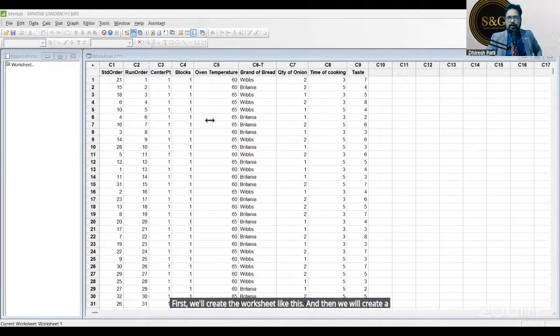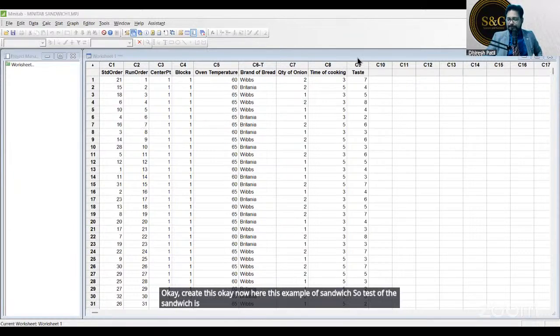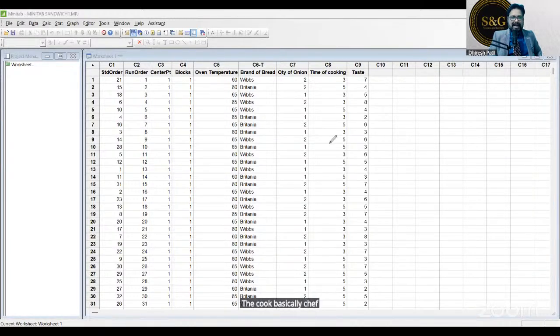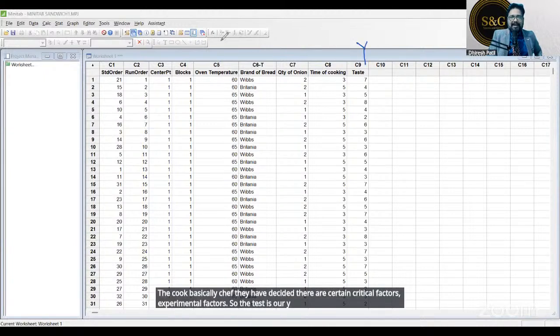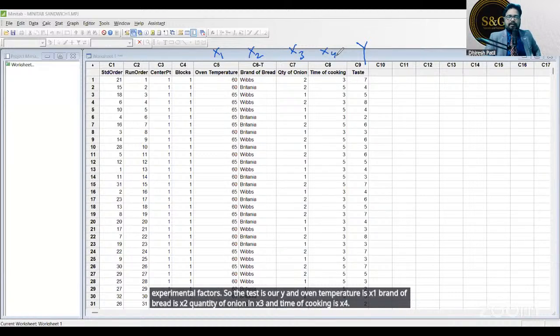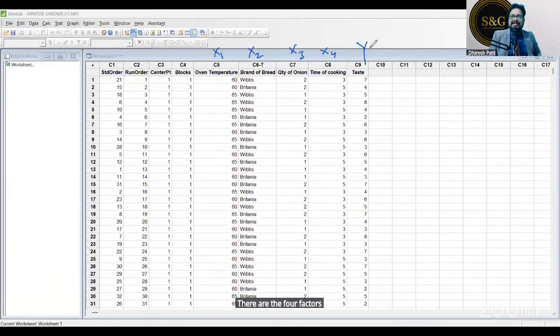Now here there is an example of a sandwich. The taste of the sandwich is the Y here, and there is this hotel. The cook, basically the chef, has decided there are certain critical experimental factors. So the taste is our Y, and oven temperature is X1, brand of bread is X2, quantity of onion is X3, and time of cooking is X4. They're the 4 factors and the taste is Y.